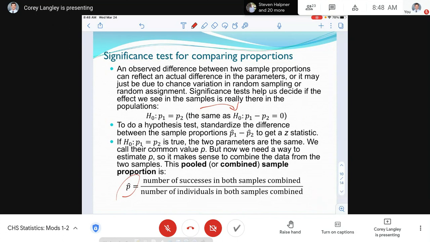And remember, we're working with p hat 1 and p hat 2, but in this case, p hat by itself is the pooled proportion, meaning that you're adding the number of successes, so like x1 plus x2, divided by the two samples added together, so n1 plus n2. You're going to see that pop up in our equation here. P hat by itself in the hypothesis test is the pooled proportion.